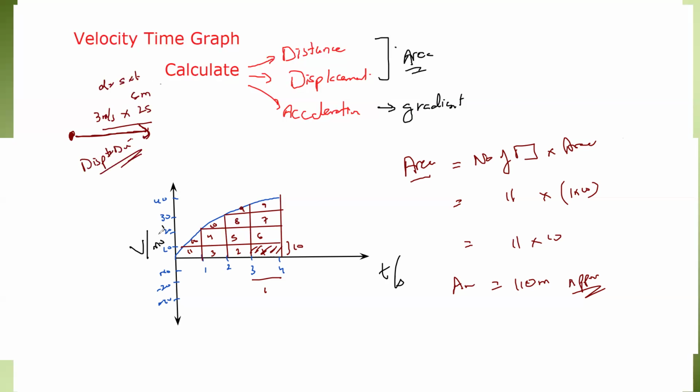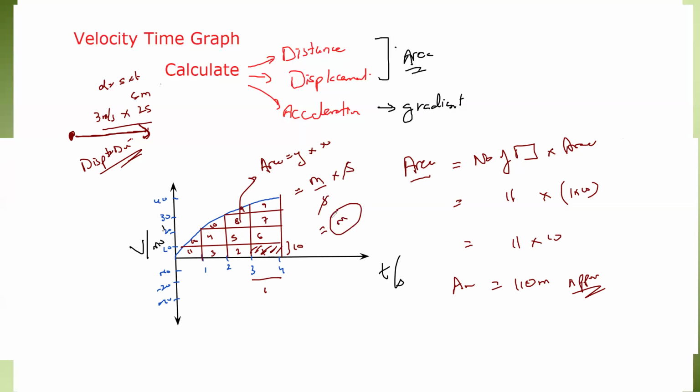That's why in exam, instead of speed time graphs, you will have velocity time graphs, because what is important is the magnitude. We don't bother about the direction. And when you take the area of the graph, it is the quantity on the y-axis multiplied by the quantity on the x-axis. On the y-axis we have meters per second, on the x-axis we have seconds. So when we simplify, we get the unit as meter.